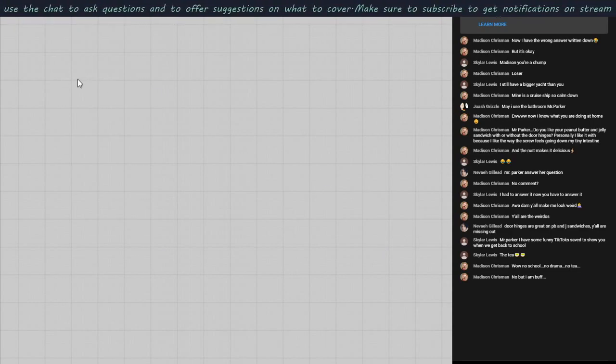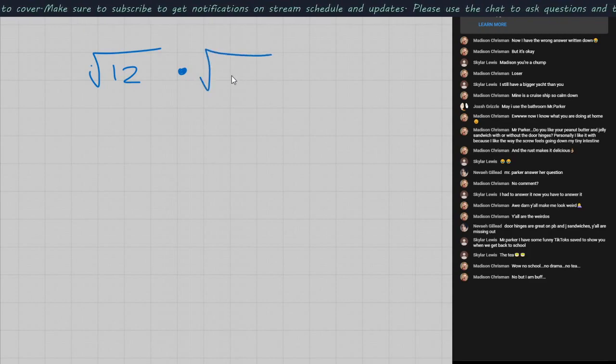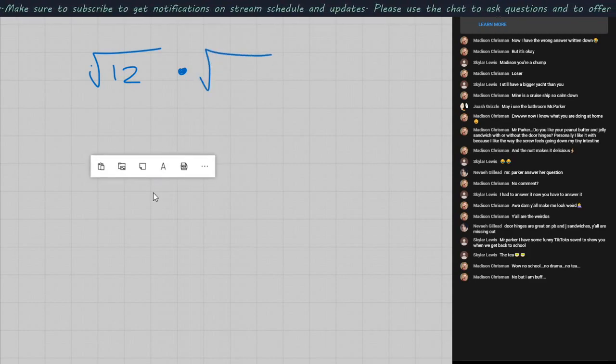So, we're gonna put up some multiplying radicals. So we got, again, I'm going to do this twice. So square root of 12, I wrote that too big. We're going to start over.